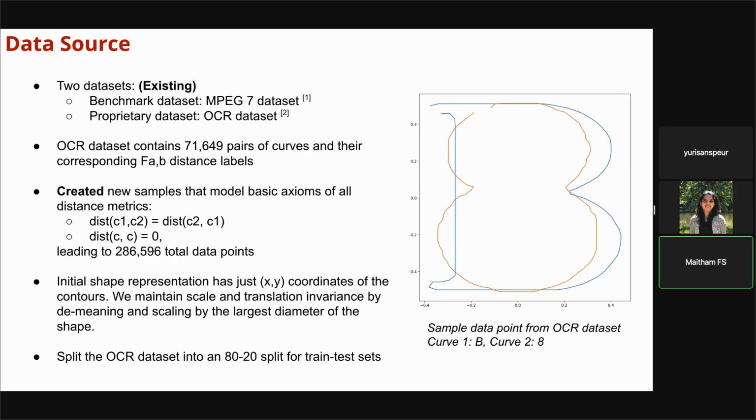So we took these distances and created new samples that model the basic axioms of distance metrics: the distance between curve A and curve B is the same as the distance between curve B and curve A. Also, the distance between a curve and itself is just 0. We also apply some normalizations to the shapes, and we finally split the data into an 80-20 split for train and test sets.